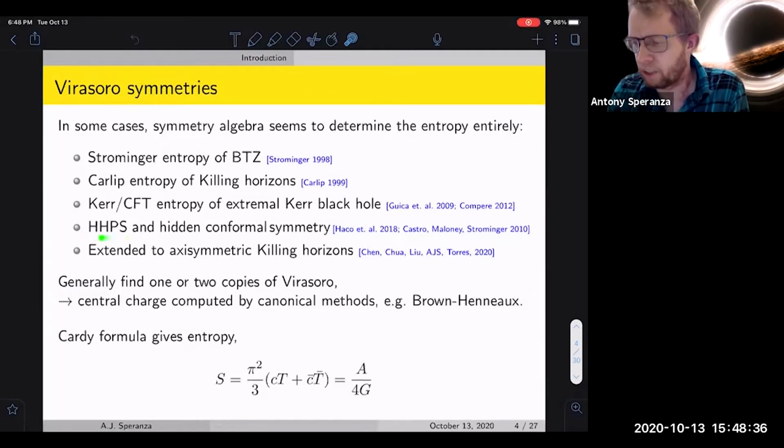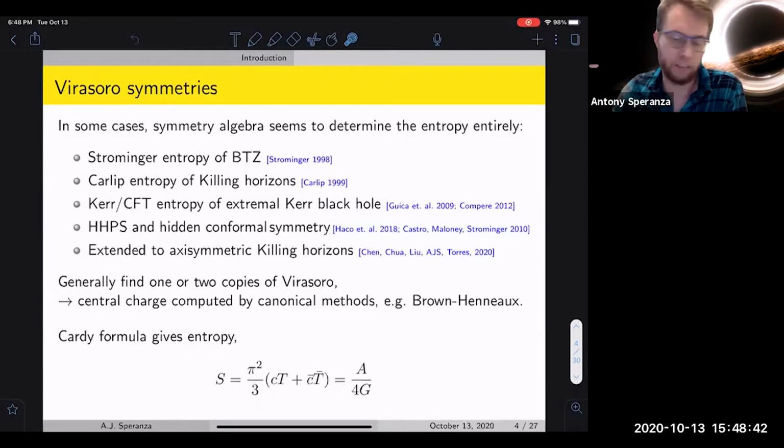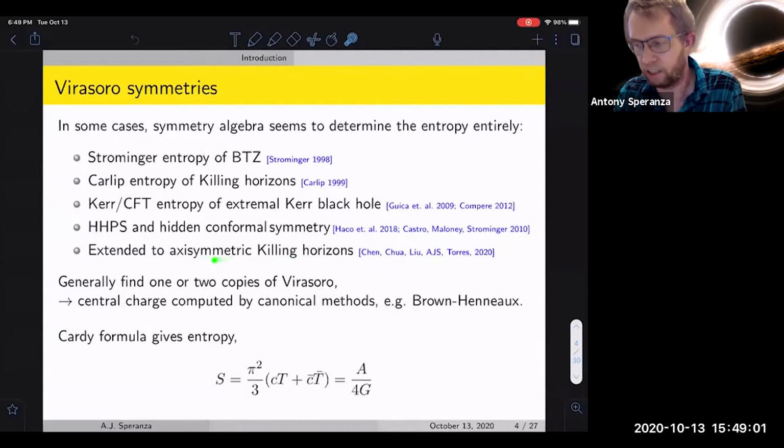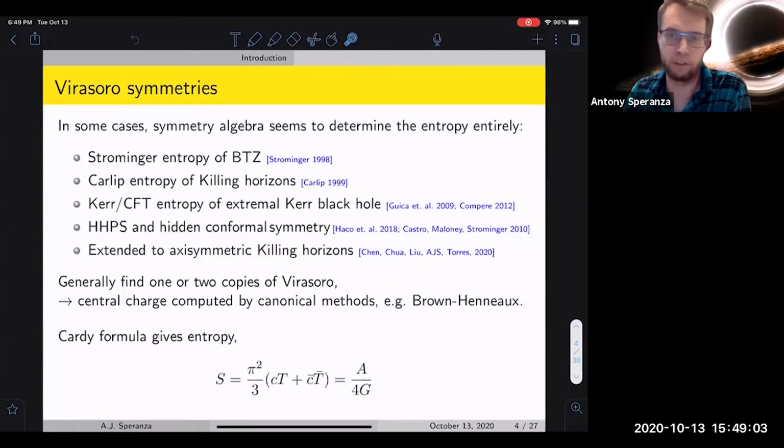They similarly were trying to write down near horizon Virasoro symmetries and see if those had relevance to the black hole entropy. And so this paper that I put out earlier this summer with these collaborators looked at their construction, and we also extended it to a much larger class of horizons, where all you really need is any Killing horizon with a rotational symmetry associated with it.